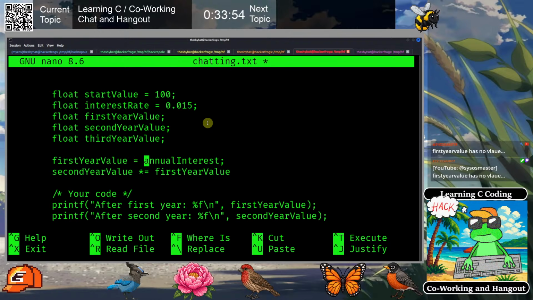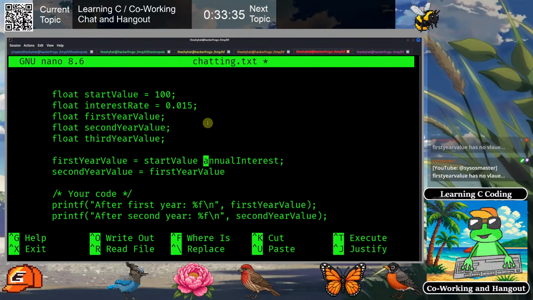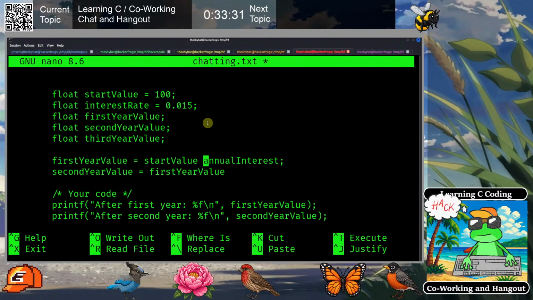So first year value is start value, and then how do we... So 1.15% is this thing over here.